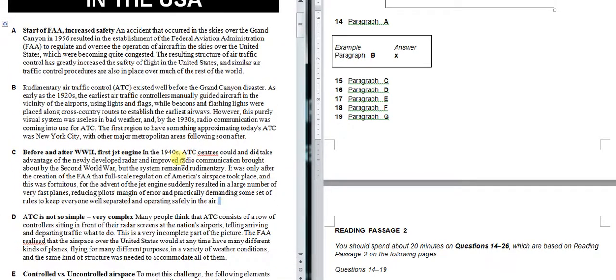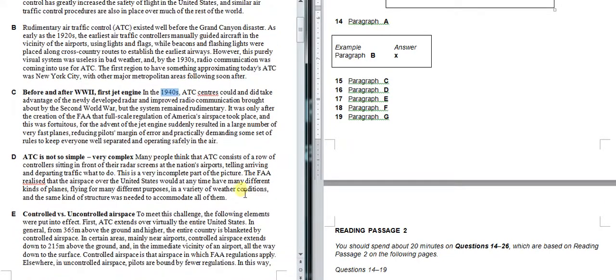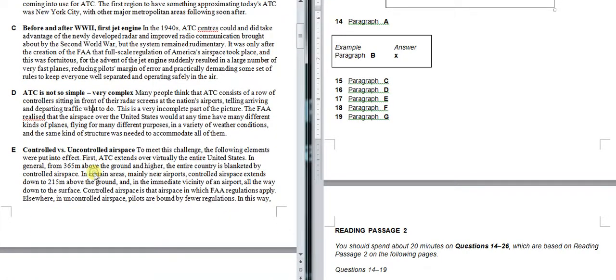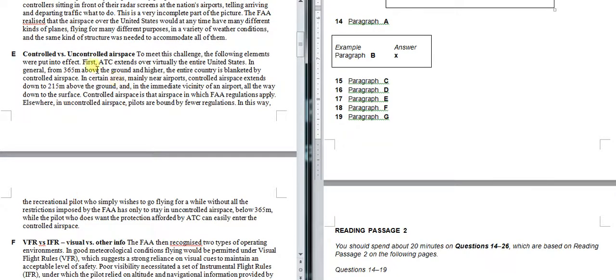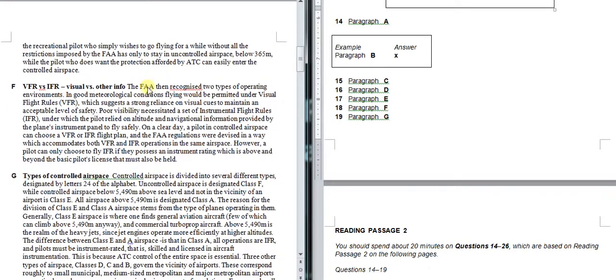This looks like there's a lot of dates in it. 1930s, 1920s, 1940s. And now we have the ATC is quite complex, and this tells us how it is complex. Okay, first of all, this element, controlled versus uncontrolled, and then another element, different operating environments.